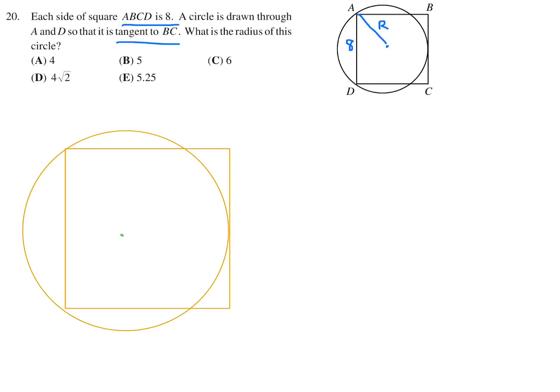Let's draw this one here, and let's draw this one here, and let's draw that one up there. And I think that is all we need, and we're going to start labeling it now. So from here to here is the radius of the circle, and from here to here is also the radius. This one and that one.